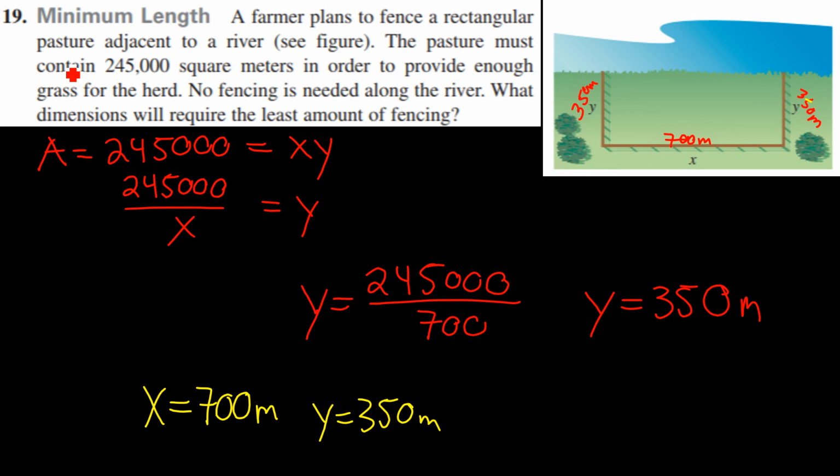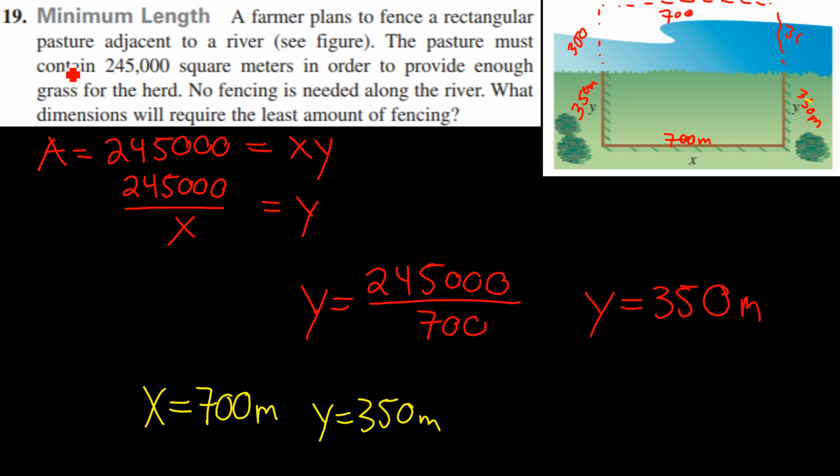So imagine for a second that we had another one of these. Well, if this was 350 and this was 700 and this was 350, we would have a square of 700 by 700. But because we're missing that other side, it kind of breaks that slightly.